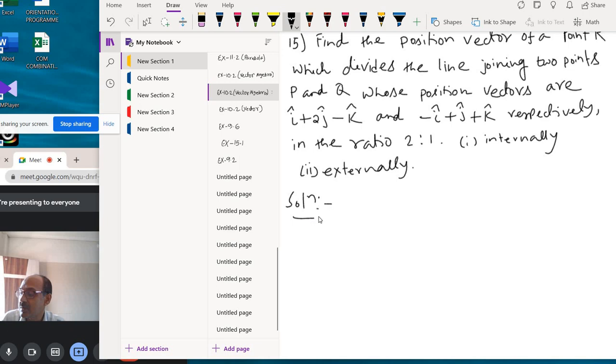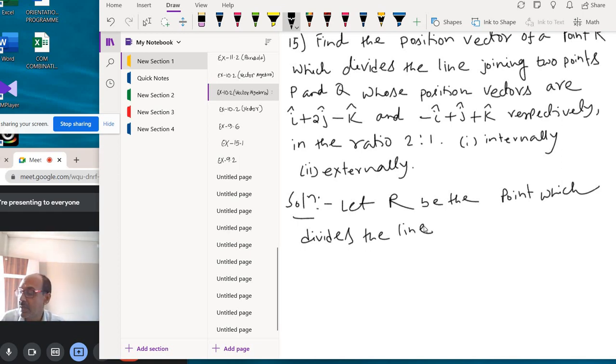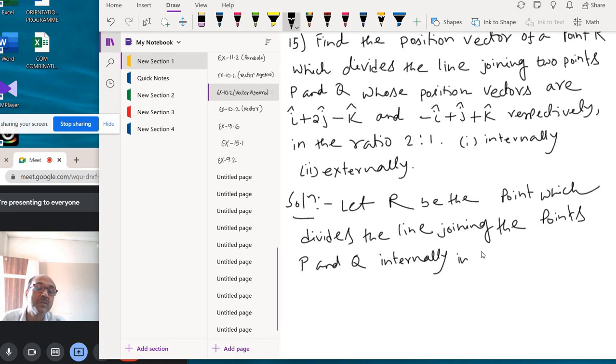Let R be the point which divides the line joining the points P and Q internally in the ratio 2:1.